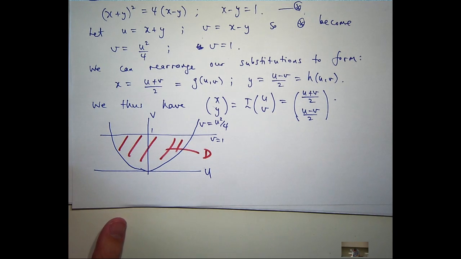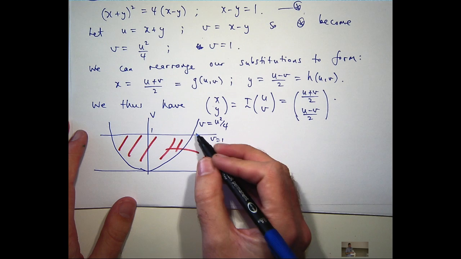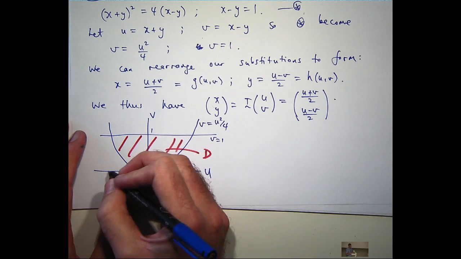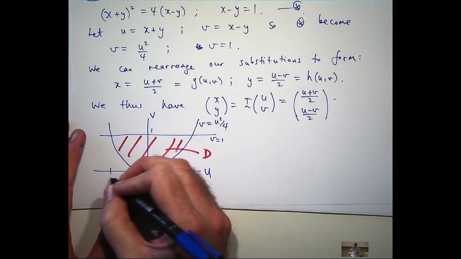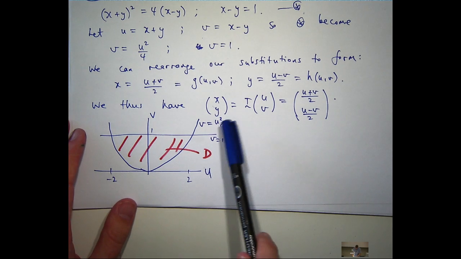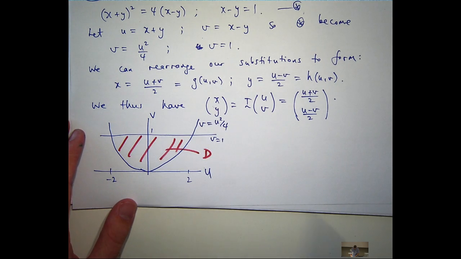Okay, so now what? Well, you can find the intersections here and here, and if you do that, according to my calculations, you should get 2 and minus 2, basically just making this equal to 1, v equals 1, and just rearranging.